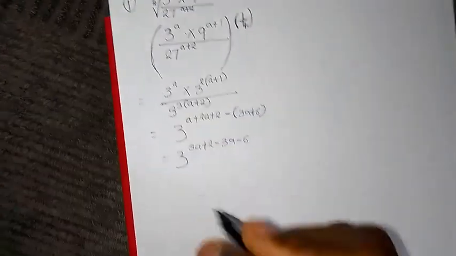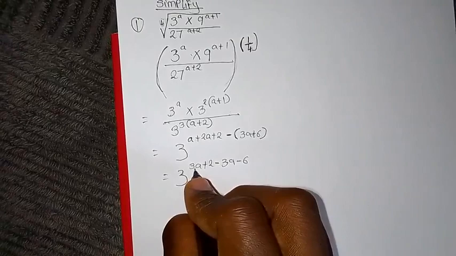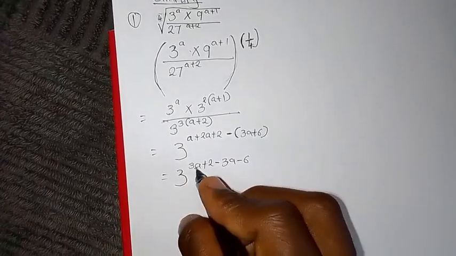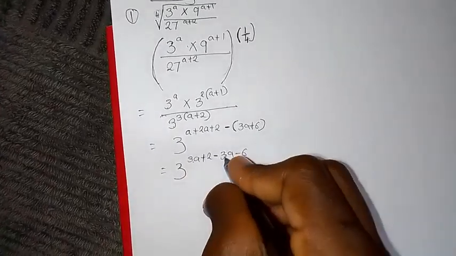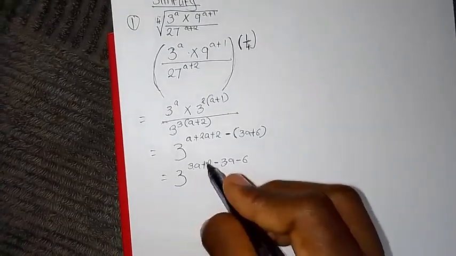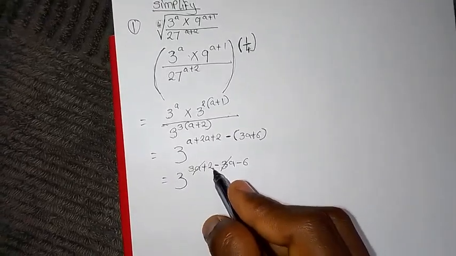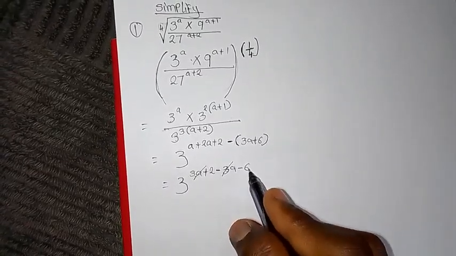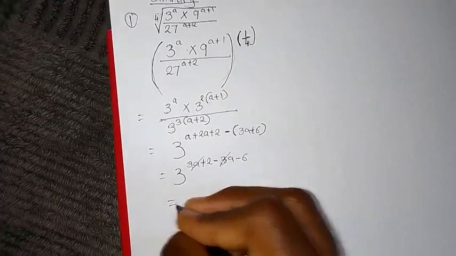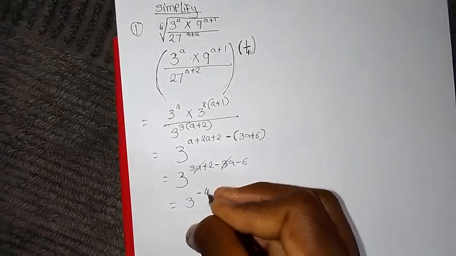So 3a minus 3a is 0. So these two cancel out, they add up to 0. So 2 plus 2 minus 6 is negative 4.